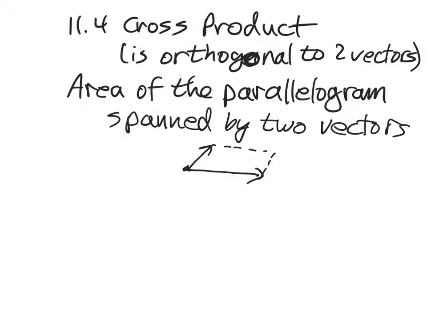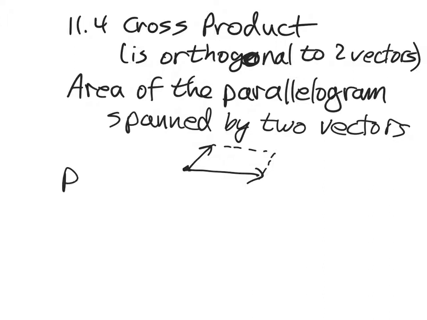Then that's more just two dimensions. Well, you could find the area of a parallelogram spanned by vectors in 3 dimensions. But let's see where we ended up with a 3-dimensional object.